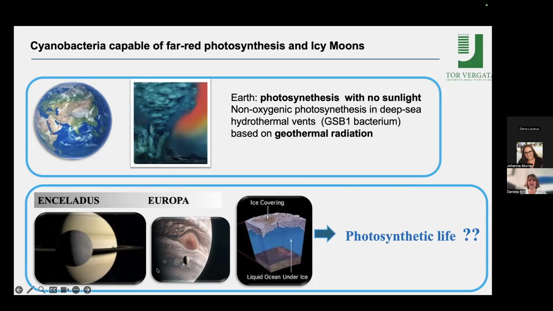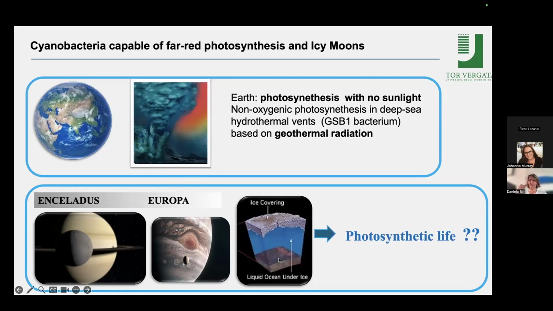And for this, we are also making some laboratory simulations of icy moons using these cyanobacteria, taking advantage of the fact that they are also very desiccation tolerant. Because out of these icy moons we have some plumes, and missions are targeting these plumes and making a study in situ to see if in these plumes we can find some signature of life present under the surface.